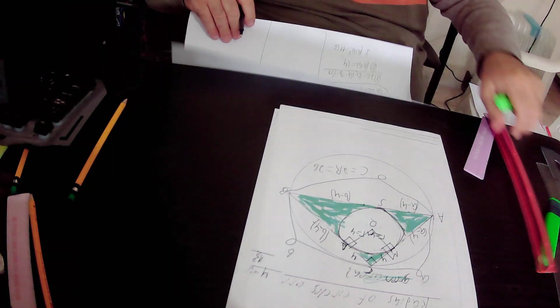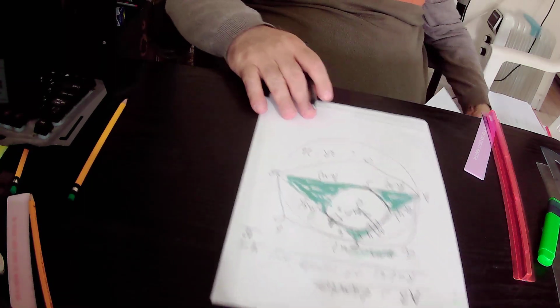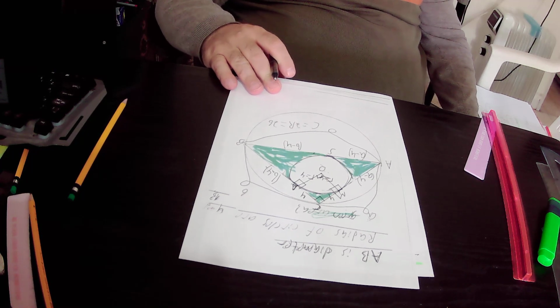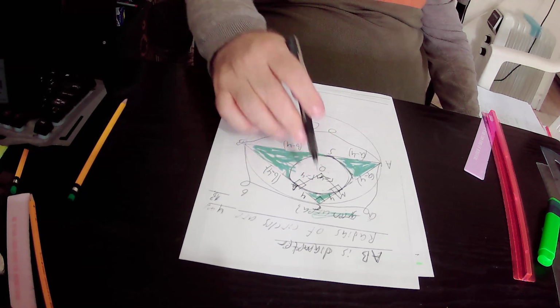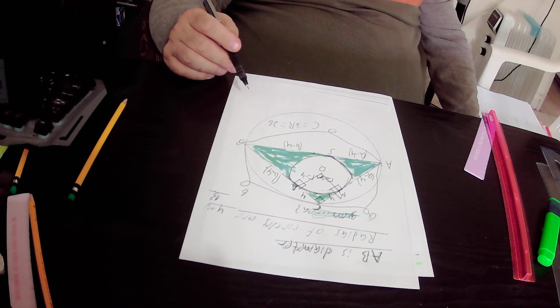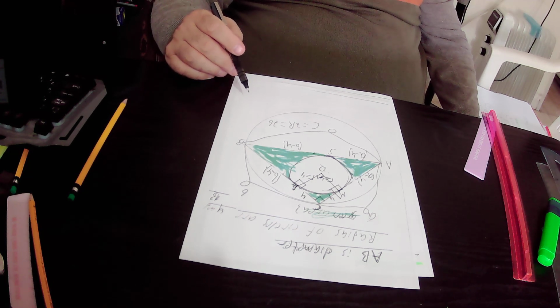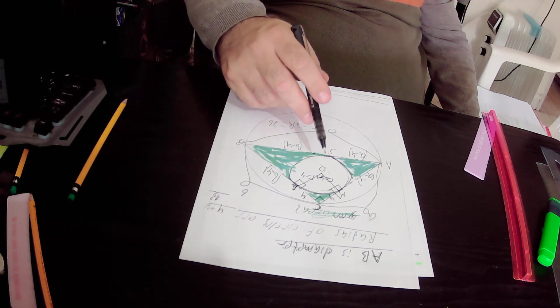But we have already found out that triangle ABC is a right triangle because of the fact that angle ACB equals 90 degrees. So we can implement the Pythagoras theorem on the big right triangle, triangle ABC.